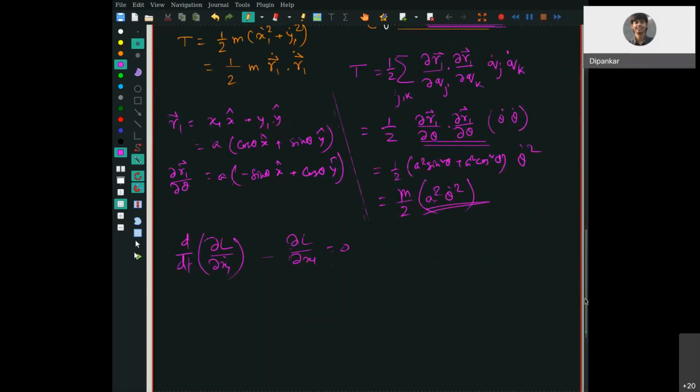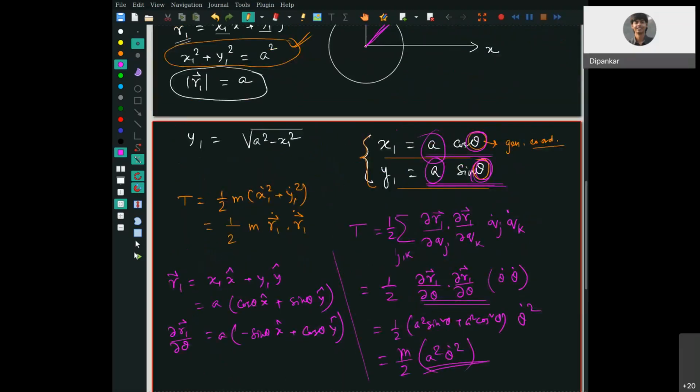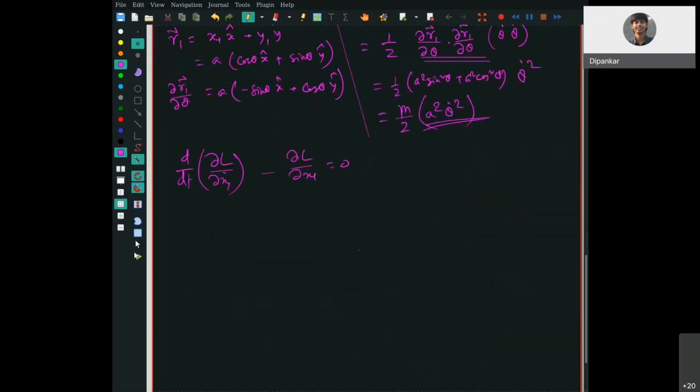What is the guarantee, if I transform my coordinates via this kind of transformation rule and say that my new coordinate is theta, that my Lagrange's equation will still hold good with respect to my new coordinate system that I have defined as theta? So the second homework problem was basically to illustrate this point.